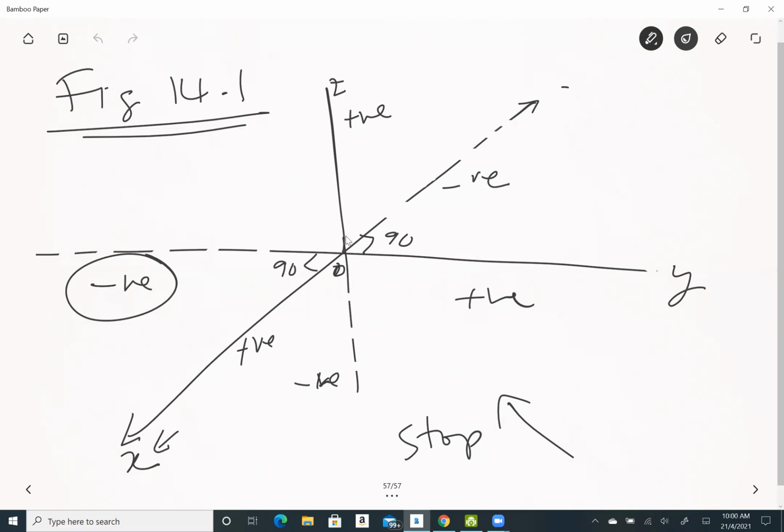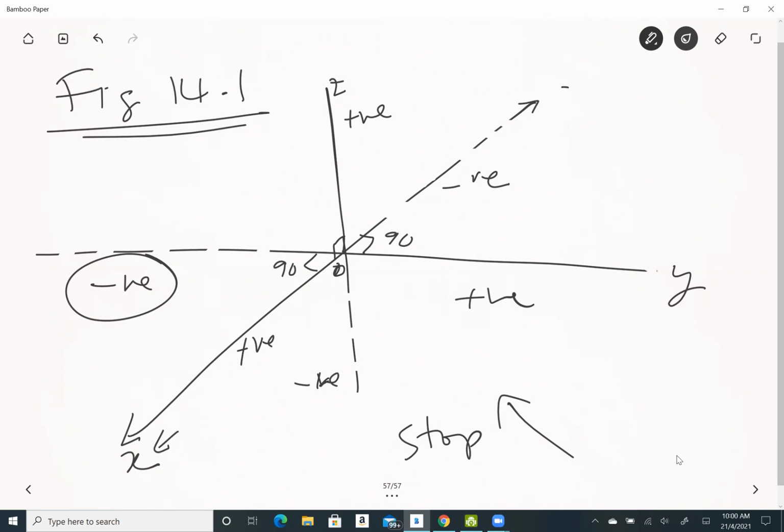And every line is perpendicular to each other. So 90 degrees. The y and z is separated by a 90-degree line. And everywhere will be 90 degrees. So total is 360. Okay? So that would be the graph.